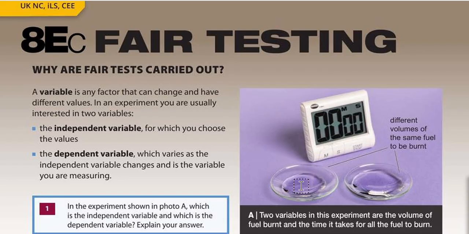One is the volume of fuel burnt and the other is the time it takes. So which one are we choosing? The volume of fuel burnt. That's why we have taken two different volumes. Okay. So the independent variable is the volume of fuel.